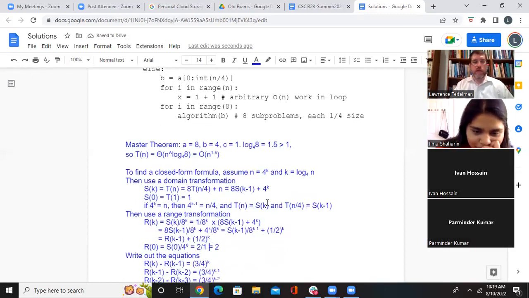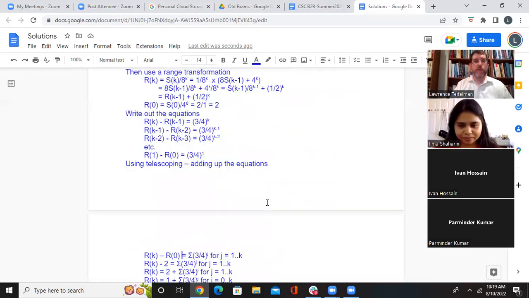And over here, what do I get? What do I change it to over there? It's going to be 8 to the 0. S of 0 is what? 1, right?